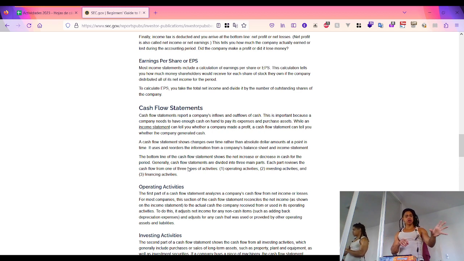While the income statement can tell you whether a company made a profit, a cash flow statement can tell you whether a company is generating cash. It reuses the information from the balance sheet and the income statement. The bottom line of the cash flow statement is the net increase or decrease in cash, again, over a period of time.